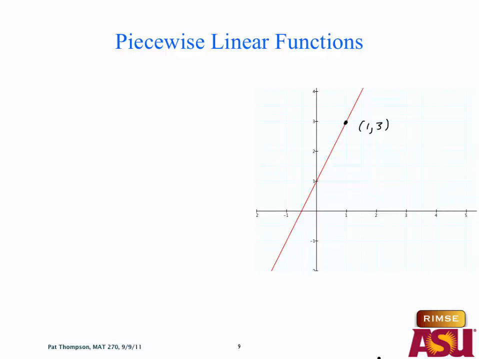Did you mean any increase in x or an increase of 1? Any increase. For any increase in x, the increase in y is 2 times as much as the increase in x. Okay, good. What did you guys say back there?